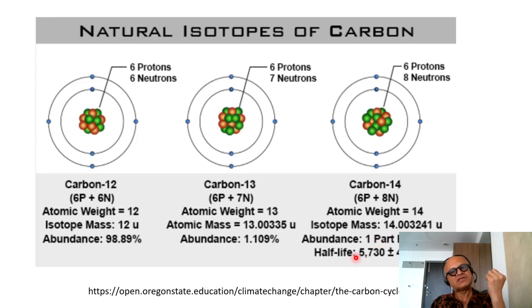So when photosynthesis happens, or when the CO2 exchange with the ocean happens, C14 goes into the ocean and to the hydrocarbon that's fixed by photosynthesis, and as soon as it is fixed and let's say buried as fossil fuel, it begins to decay with a half-life of 5,730 plus or minus 40 years.